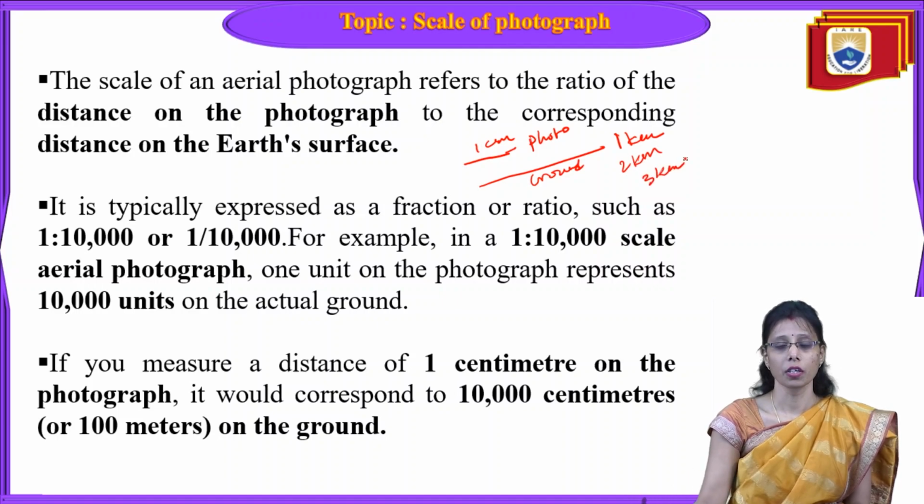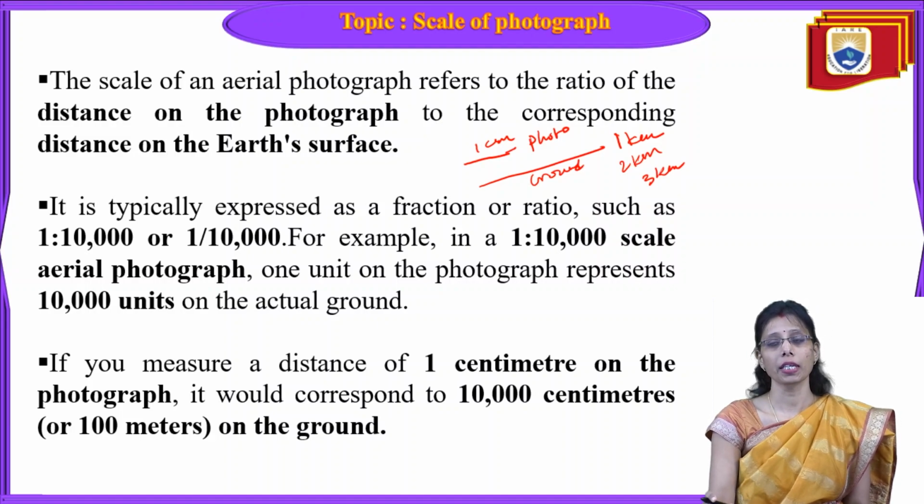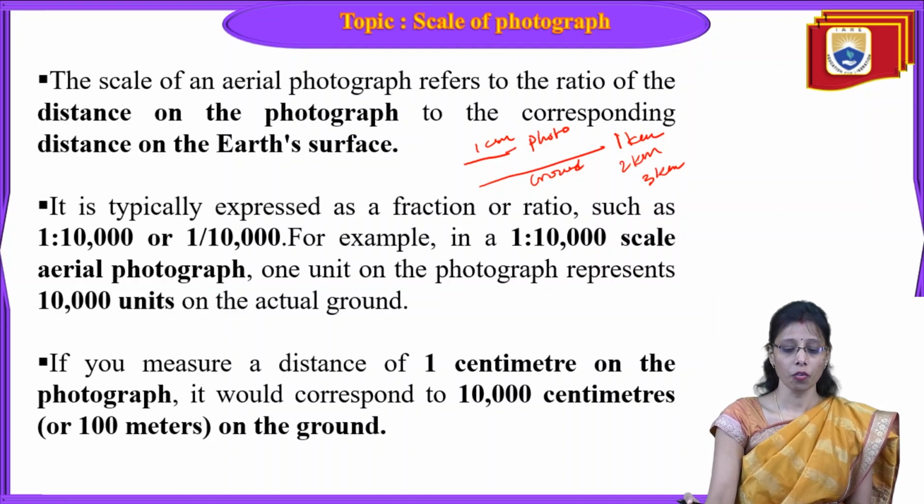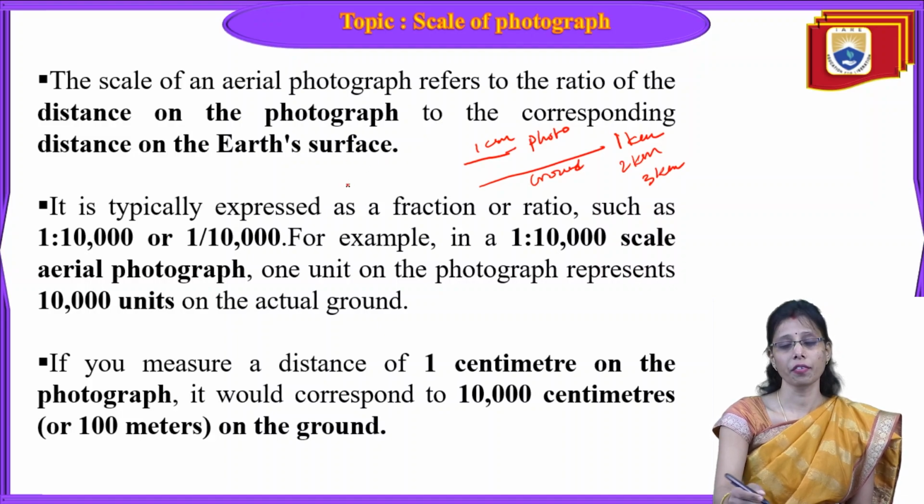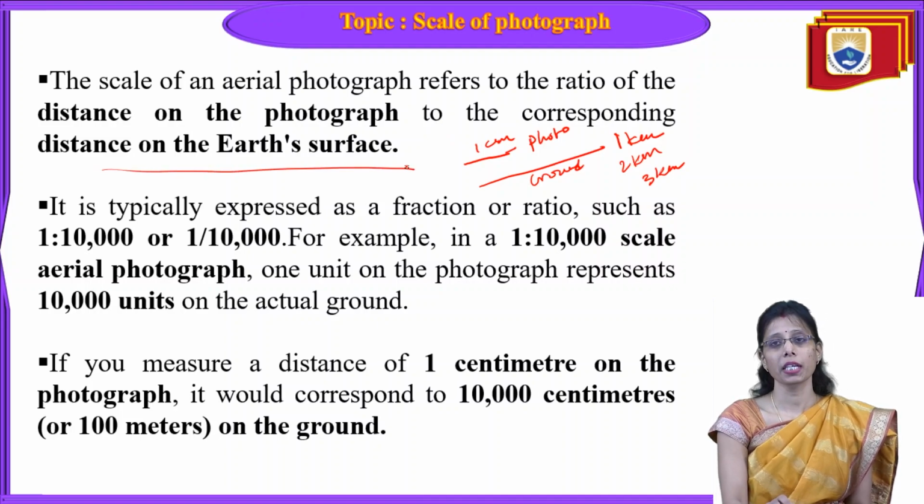So 1 centimeter on the photo is equal to 1 kilometer on the ground. So this is how we define the scale, the distance on the photograph to the corresponding distance on the ground surface. It is typically expressed as a fraction or ratio such as 1:10,000.